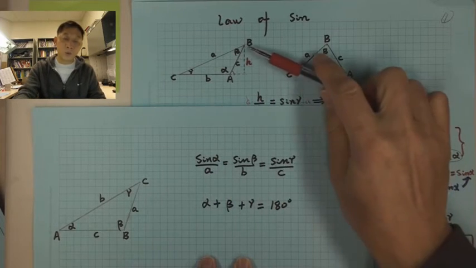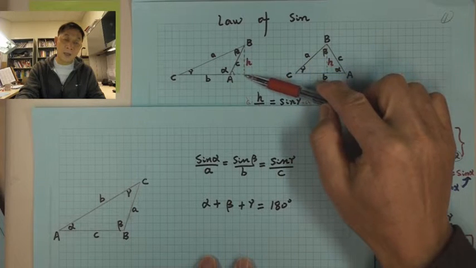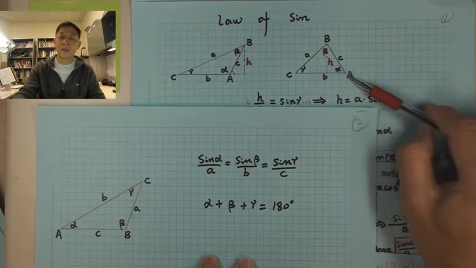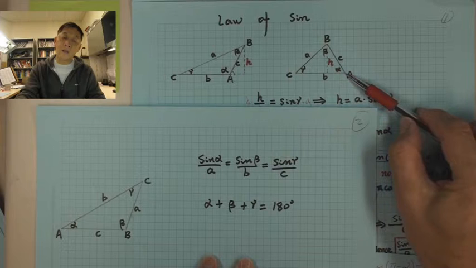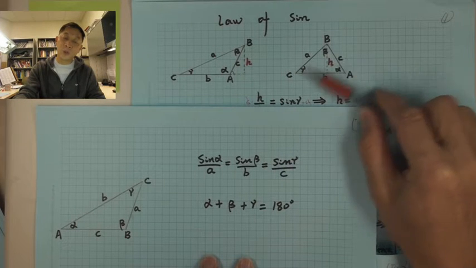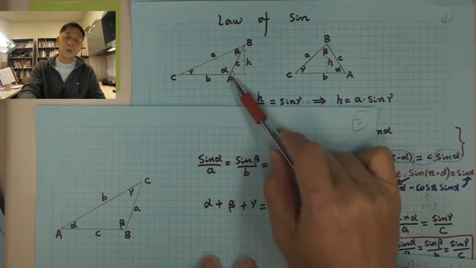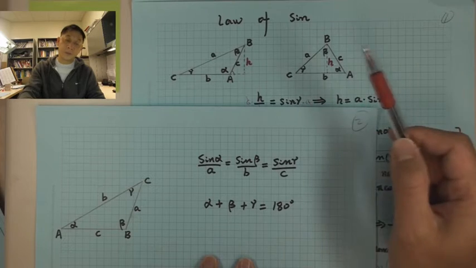Here what we did is use B to draw a vertical line perpendicular to AC. You can also draw a vertical line from A to BC, or from C to AB.